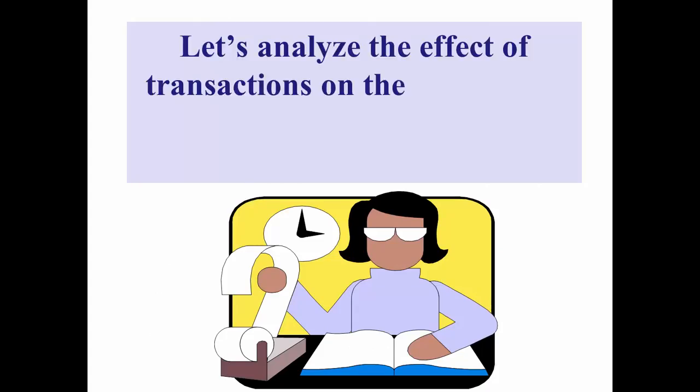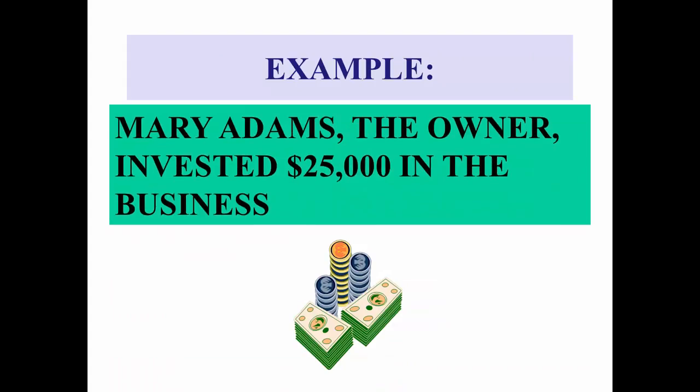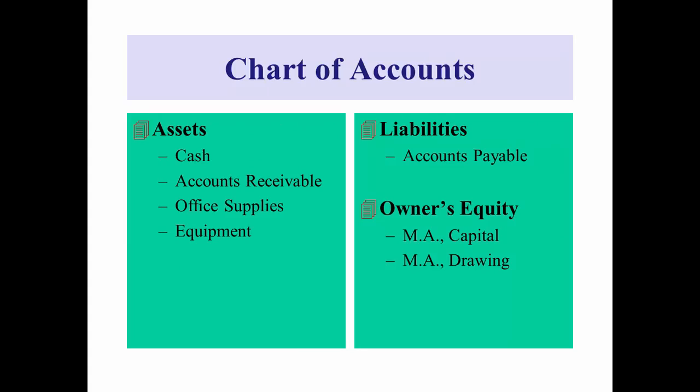So let's take a look at some examples. This is Mary Adams Consulting. Mary, the owner, invested $25,000 in the business. Here's our chart of accounts. For the assets, we have cash, accounts receivable, office supplies and equipment. There's our liabilities, accounts payable, and our owner's equity.